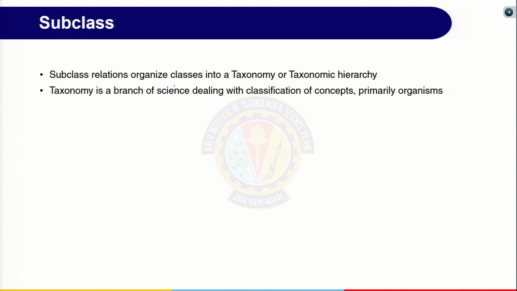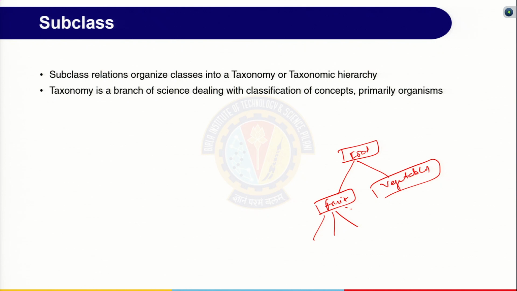Subclass relations organize classes into a taxonomy or taxonomic hierarchy. So if you have observed, we had food, and then we had fruits. We can also have vegetables as a subclass, and then we can have all possible fruits as other subclasses, as well as for vegetables.